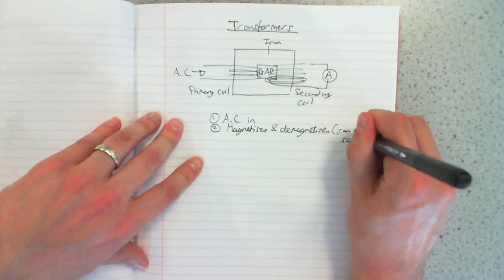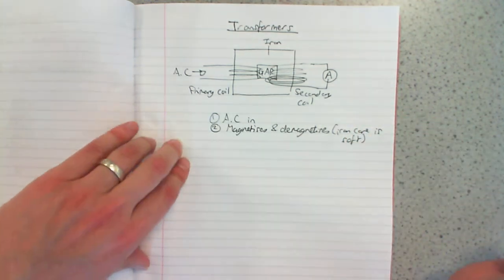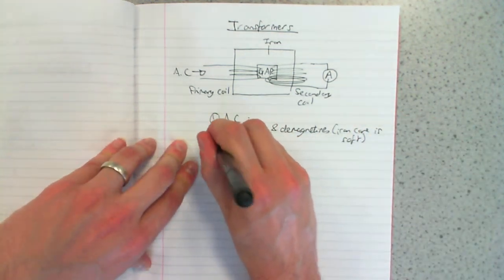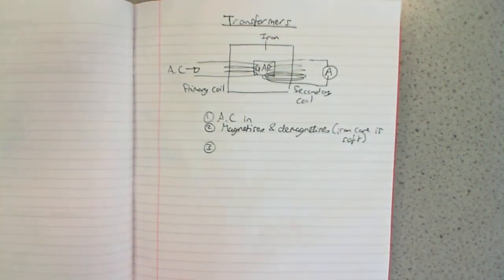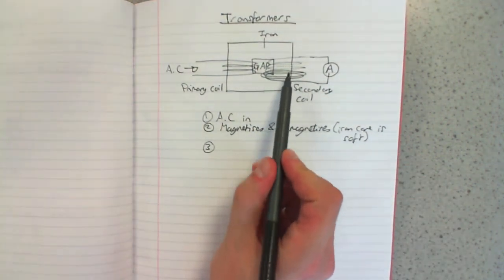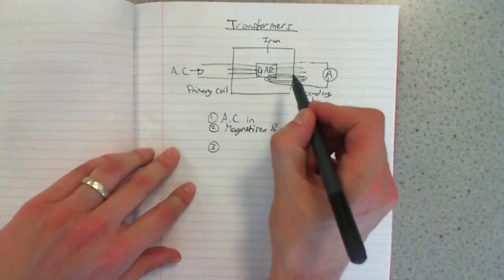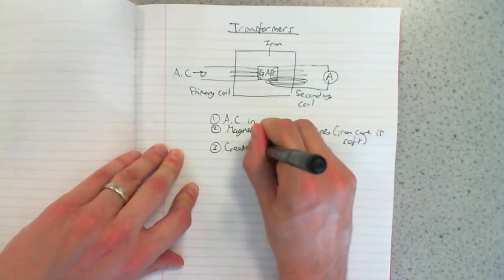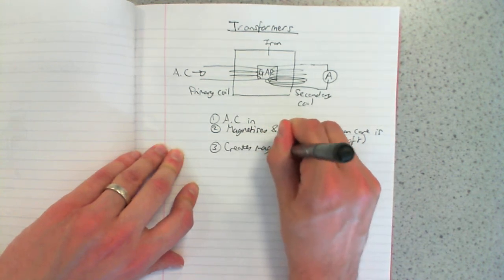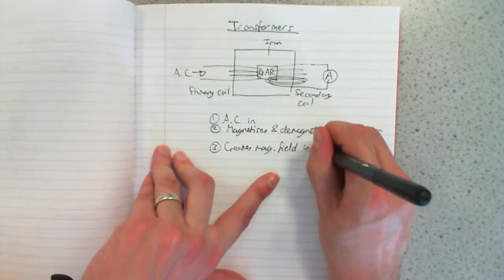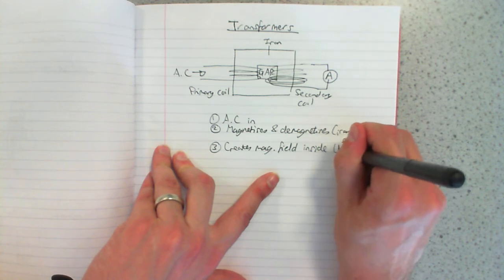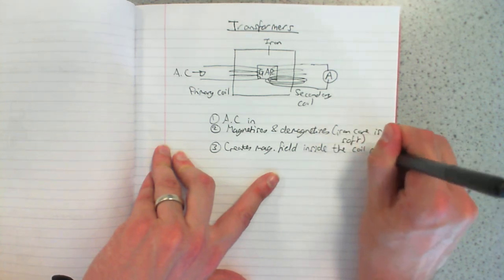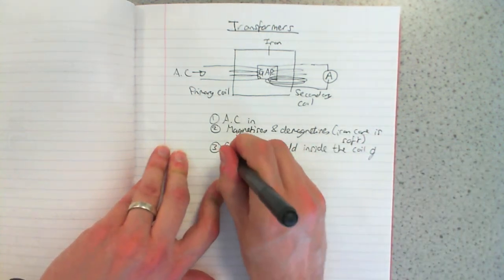The iron core is soft, which means it's easily magnetized. And what this does is it creates a magnetic field inside the coil of the secondary coil.